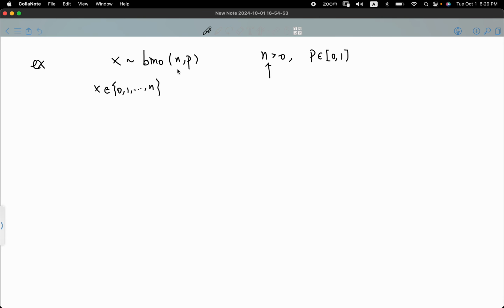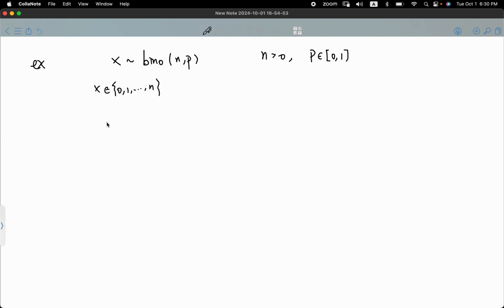So this is the support, and this is the constraint for the parameter. You have two parameters here, n and p. Earlier, for the exponential distribution, you only had one parameter, lambda, which has to be greater than 0. That is the constraint for the exponential, and this is the constraint for the binomial distribution.